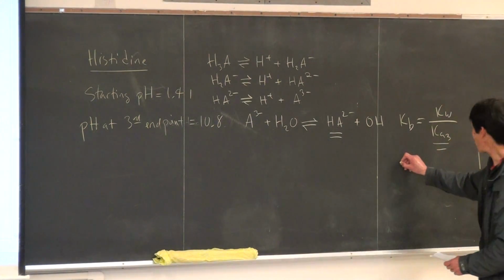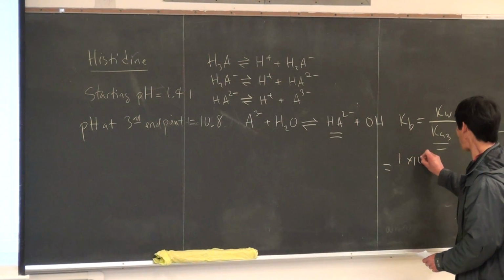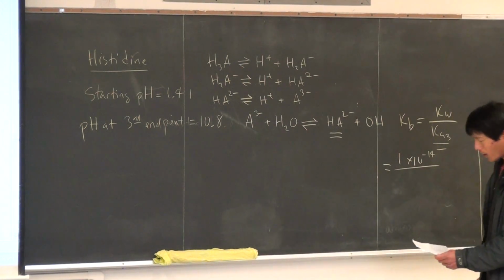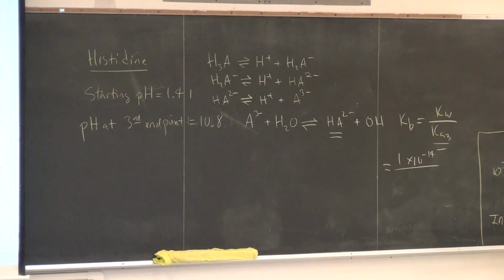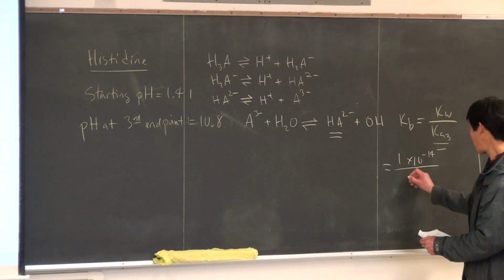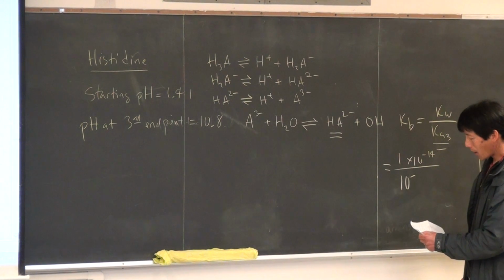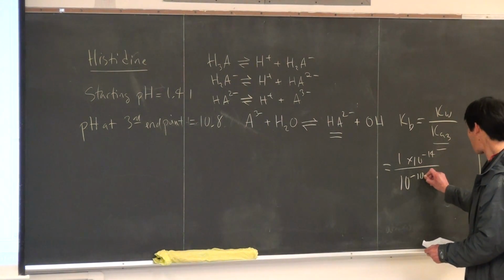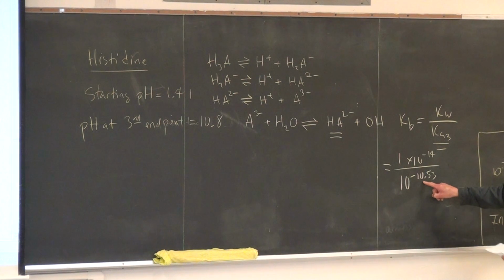That's 1 times 10 to the minus 14 divided by Ka3, and Ka3 for histidine is 10 to the minus 10.53, because this is the pKa3 of histidine.